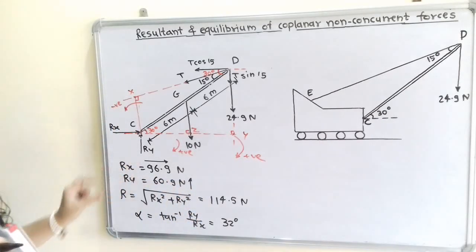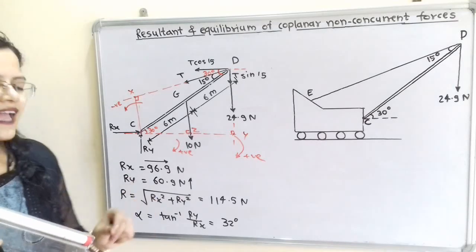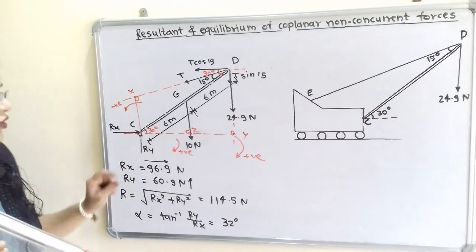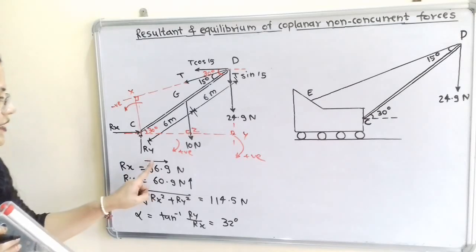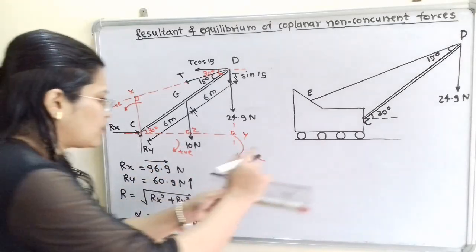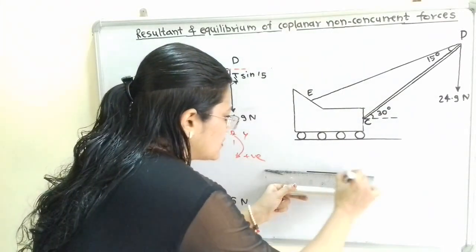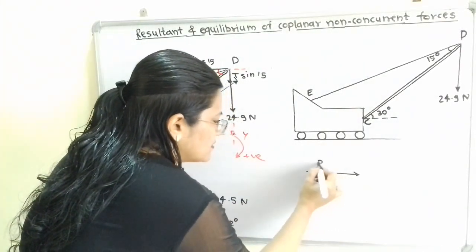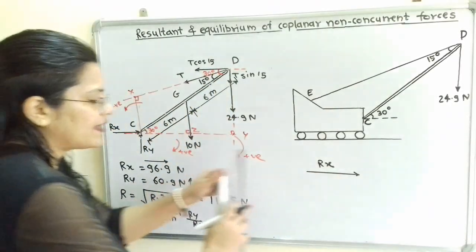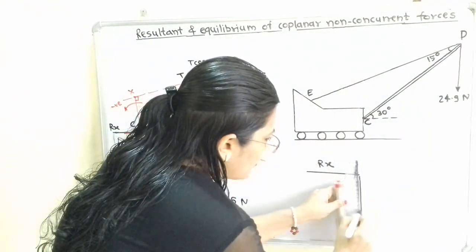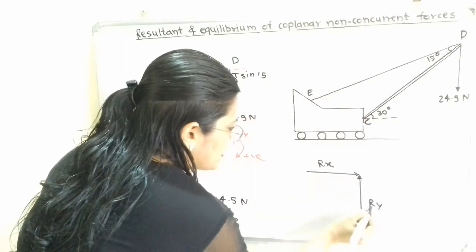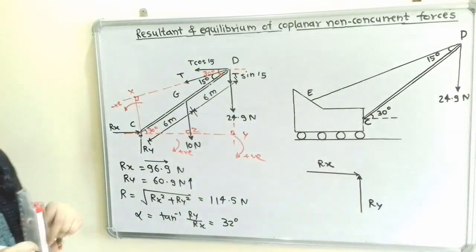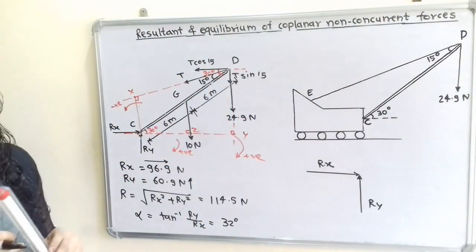Now we will find the resultant reaction for these two components. So we will first plot this Rx as well as Ry. In the same way, the direction of Rx is towards the right hand side. Here is Rx and Ry is in the upward direction. So how to show the resultant R?